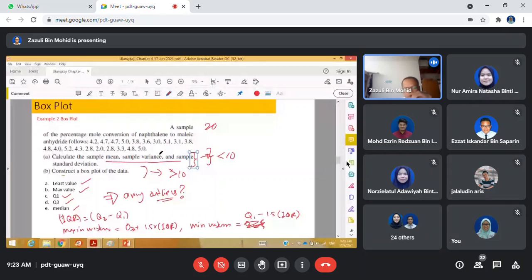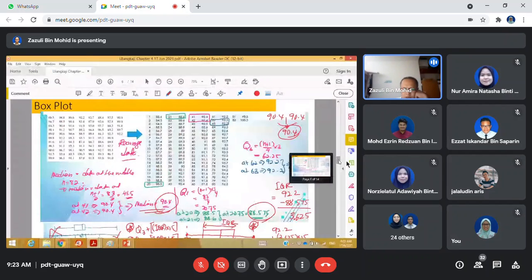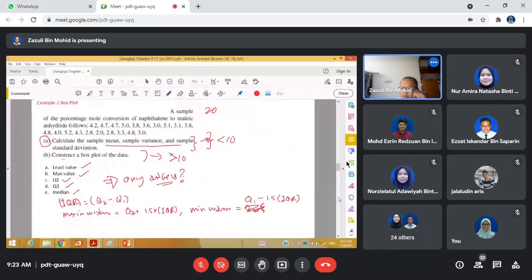Every one of you managed to calculate the sample mean, sample variance, sample standard deviation. But to construct the box plot, I think you have to do exercise for your final exam. So this one, I would like to ask you to complete the answers. Now, frequency distribution and histogram.